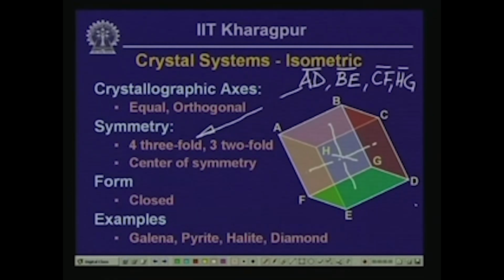Now let's look at the solid diagonals of this particular type of crystal to understand what we mean by there being a threefold symmetric axis. All right.